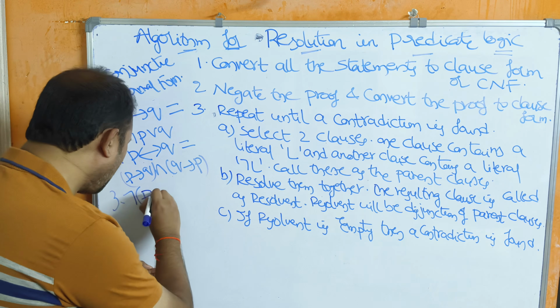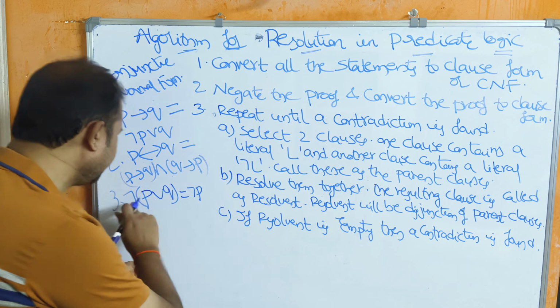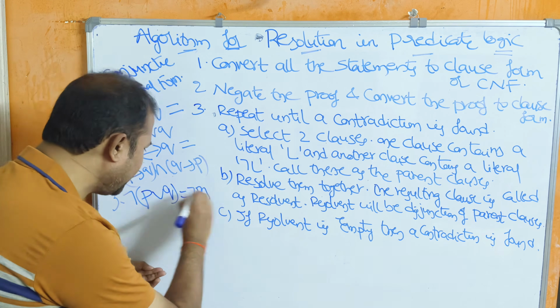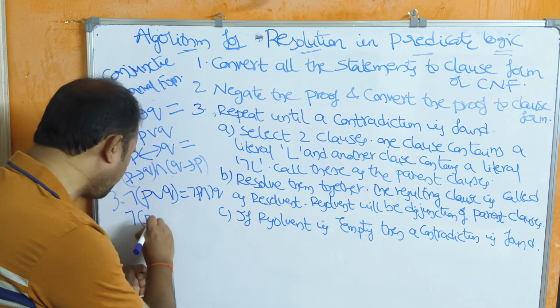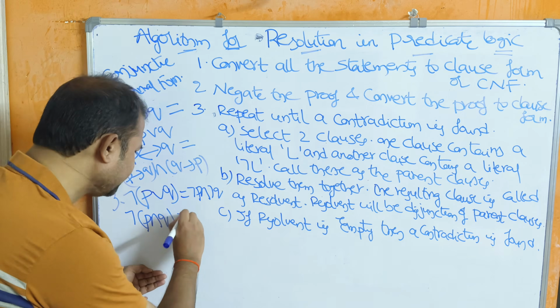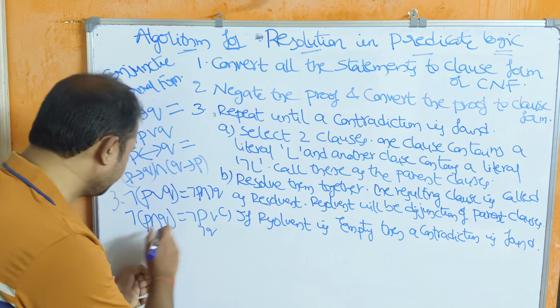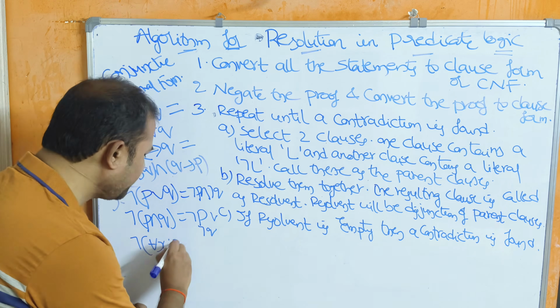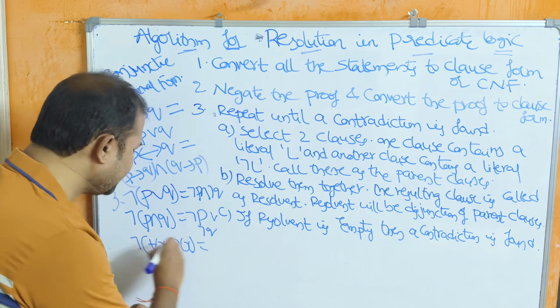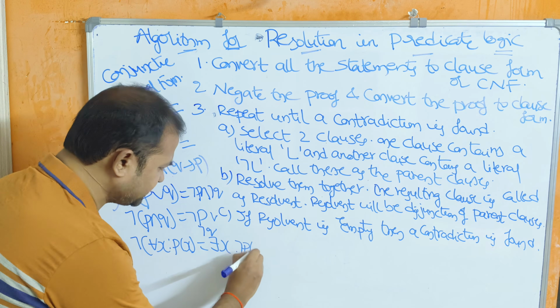So negation of P or Q equal to negation P and negation Q. Next formula, negation of P and Q equal to negation P or negation Q. Next one, negation of for all x P of x equal to there exists x, negation P of x.